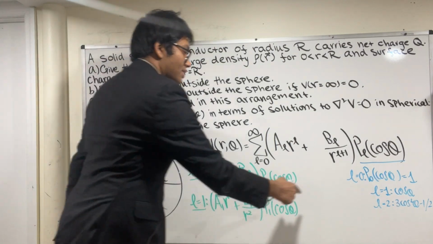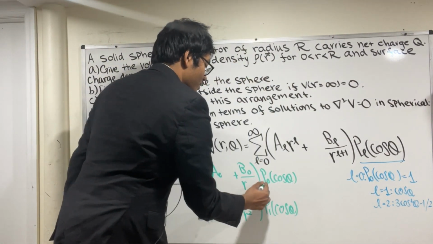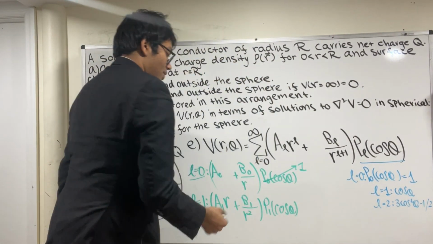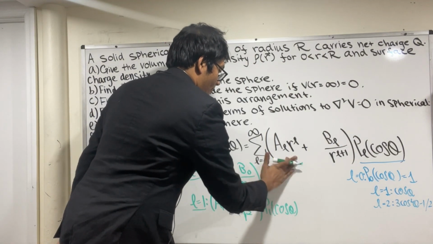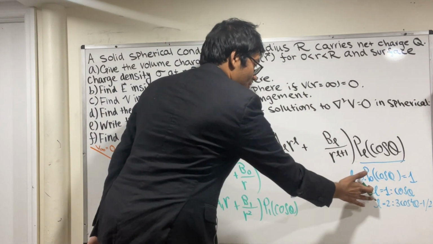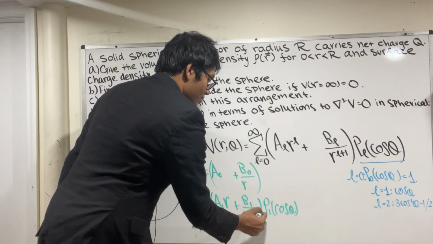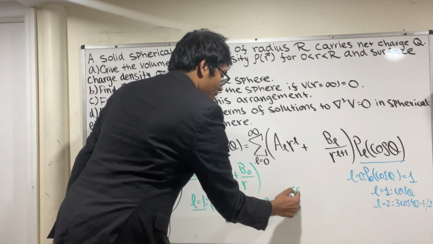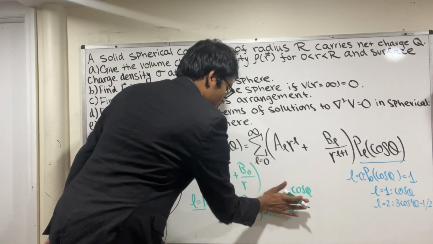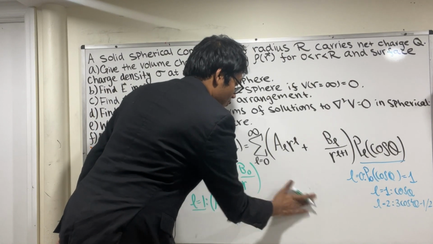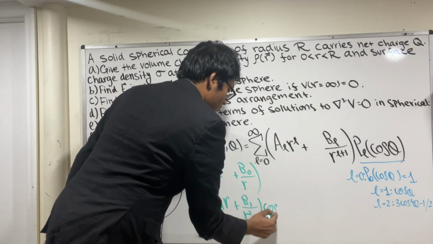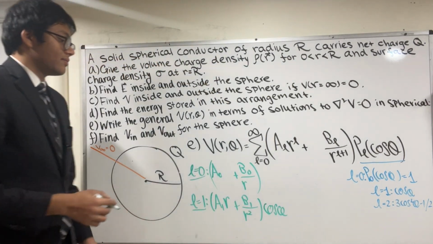P sub 0, the 0th Legendre polynomial, is simply 1, so I may simply disregard it. And P sub 1 of cosine theta, the first Legendre polynomial, is simply cosine of theta. So in fact, I'm going to rewrite the second electric potential term as all of that multiplied by cosine theta.